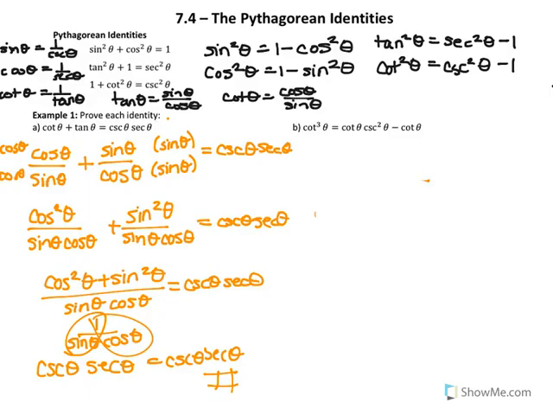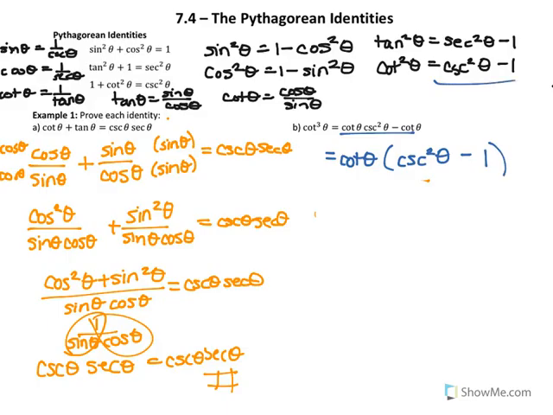I have cotangent cubed theta equals a whole bunch of stuff. I'm going to leave that cotangent cubed theta because I don't know what to do with that. But I see that there's a cotangent theta in both terms, so I'm going to take one out. That leaves me with cosecant squared theta minus 1, because I took the cotangent out.